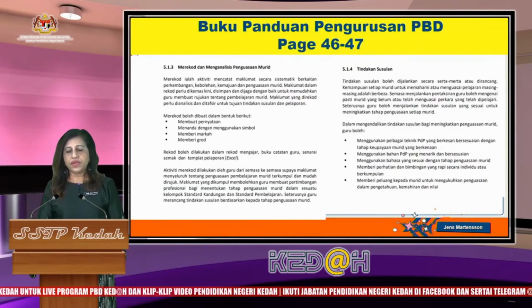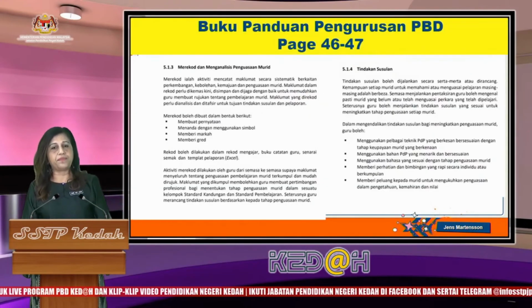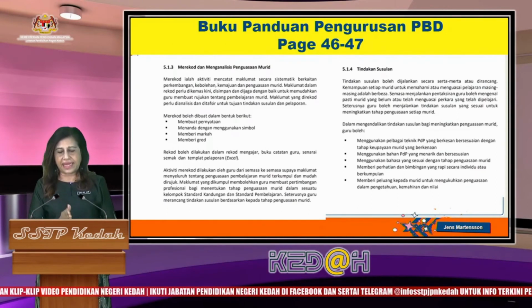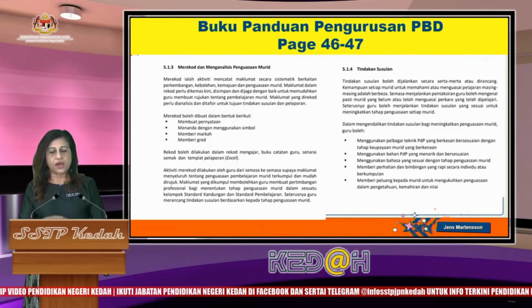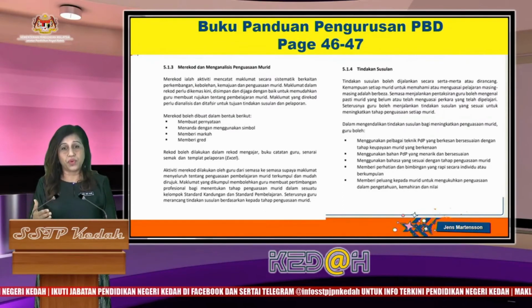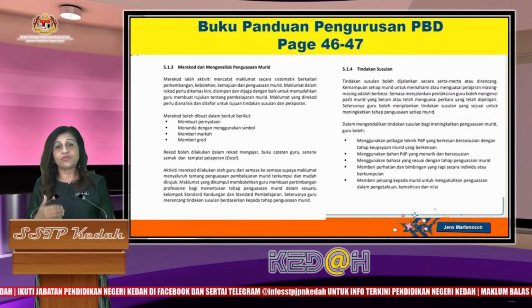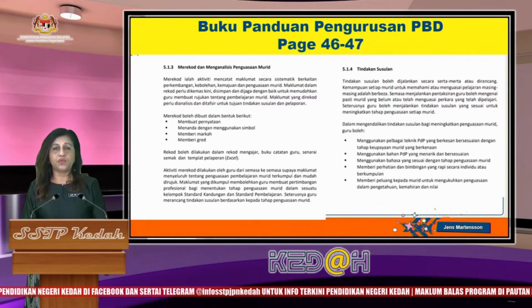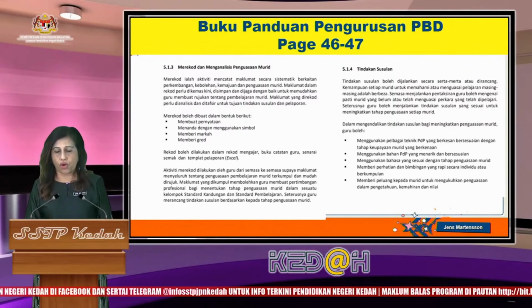Now, if you refer to the Buku Panduan PBD, page 46 to 47, you will get to learn how to record and analyze your pupils' progress from time to time. So, it's solely up to you, and you know that we need to do the pelaporan twice in a year, which is in June and October.